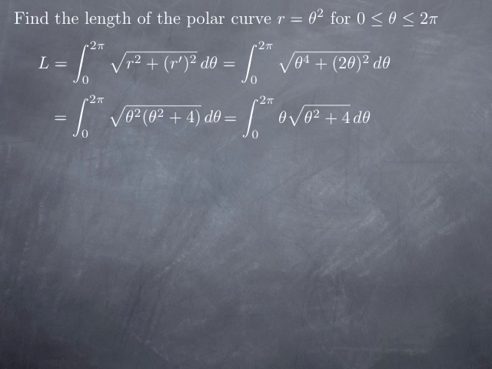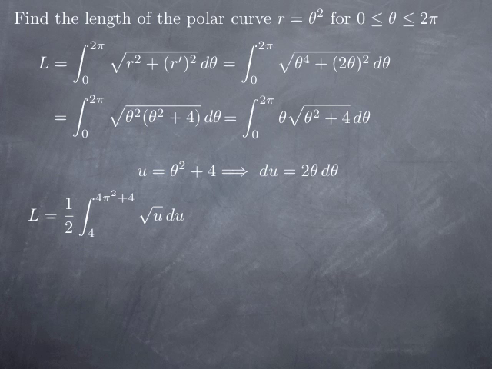To integrate this, we observe that what we have outside the root is a constant multiple of the derivative of what we have inside. So we use substitution with u equals theta squared plus 4, in which case du is 2 theta d theta. In other words, the theta d theta that we have inside the integral is just 1/2 of du, and what we have under the root is just the root of u.